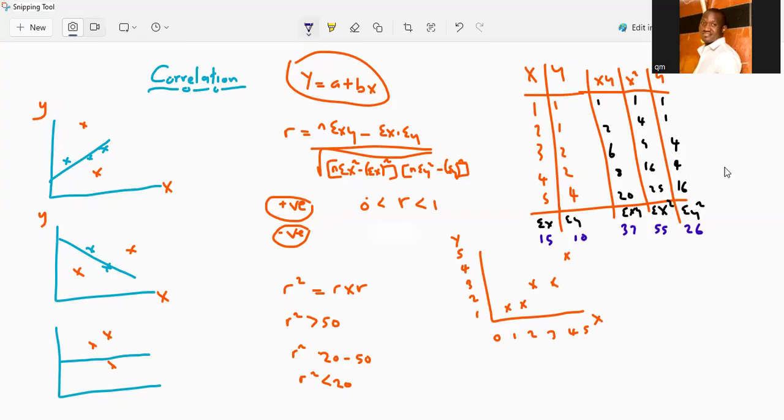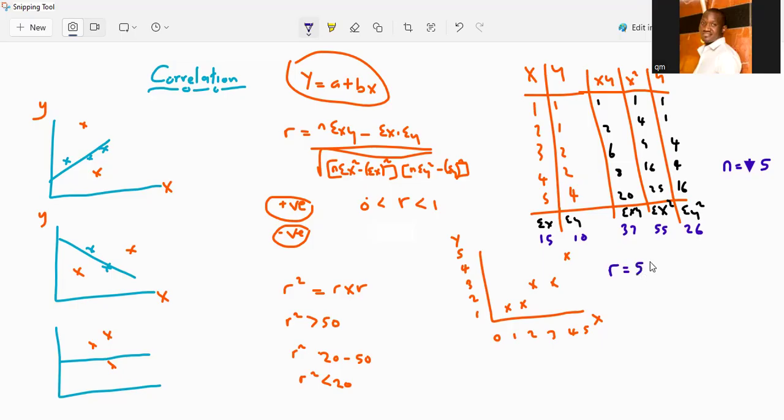Our n is 5. So what is the correlation and what is the strength of the relationship? So we substitute in this column here to find our R. So R is equal to what?